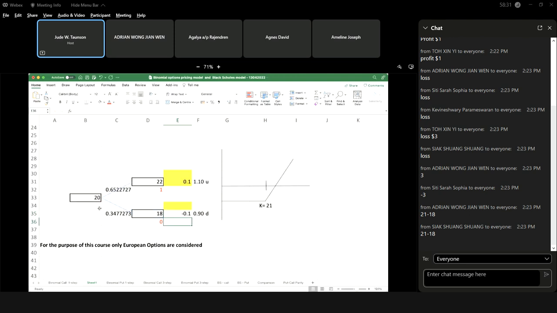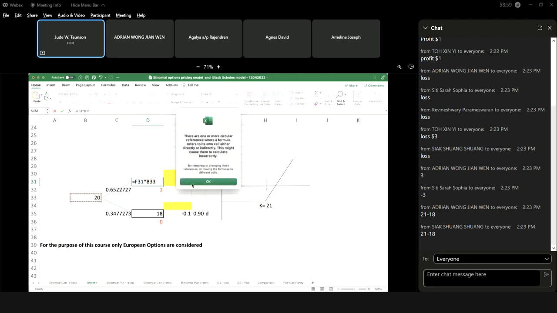It means the price increased by 0.1 and decreased by negative 0.1. If I put this amount here, this amount is equal to this amount times 20.